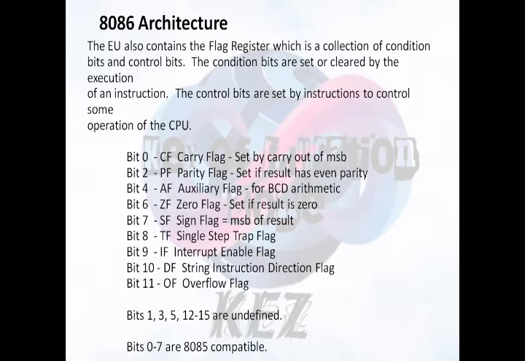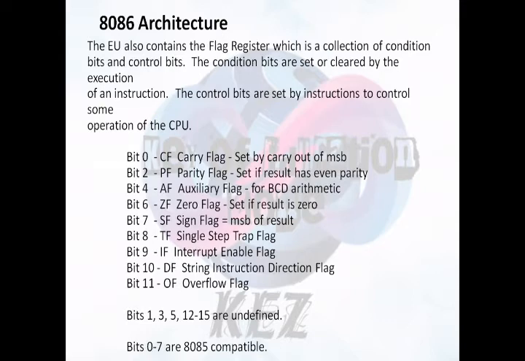Here you have to remember that bits 1, 3, 5 and 12 to 15 are undefined, and bits 0 to 7 are compatible with 8085. One thing you have to remember, what I already told you, is that there are several flags, B0 to B11.